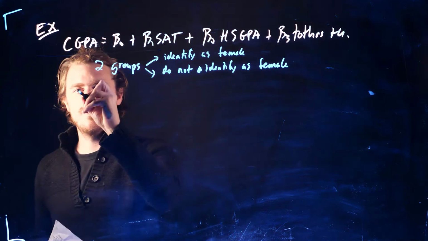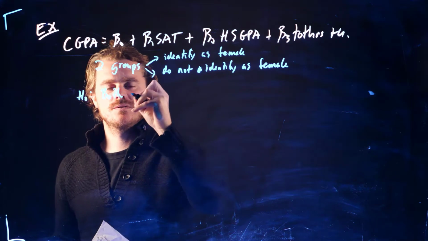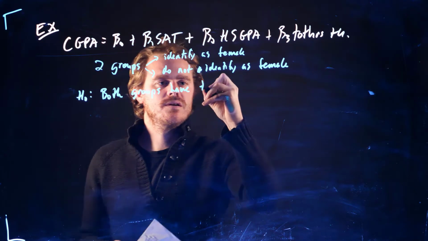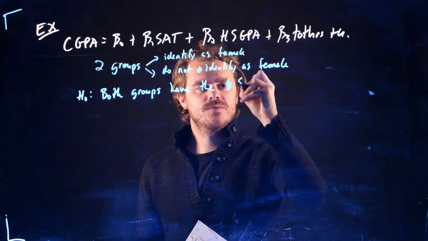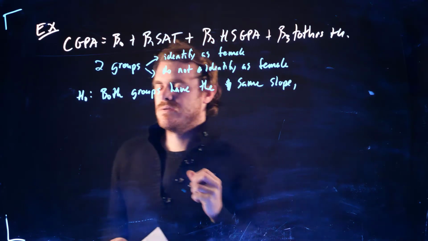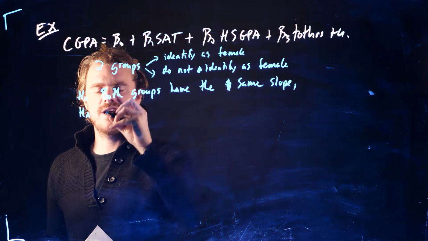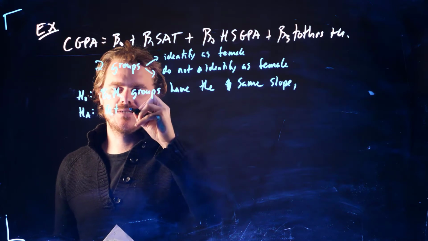So our null is that both groups have the same slope. And HA is at least one of the slopes differ.